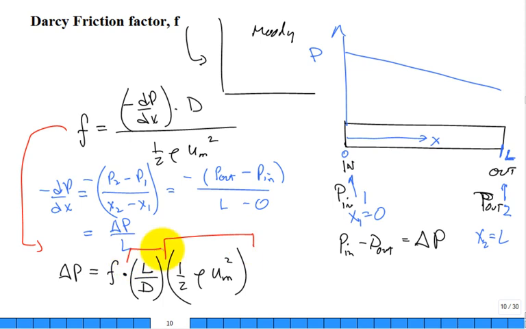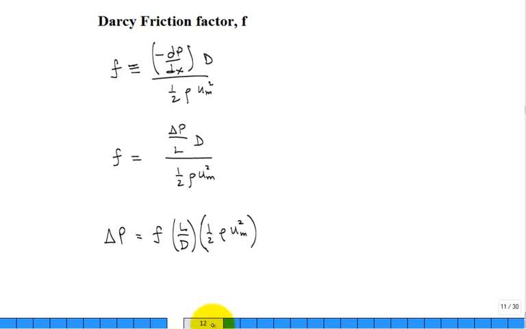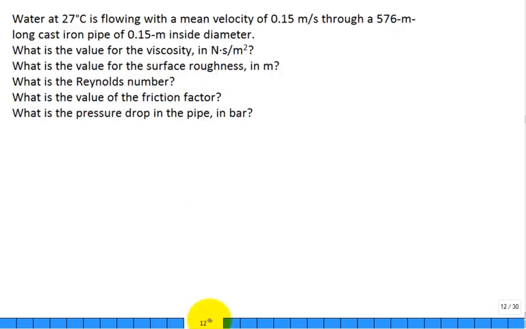What is this? It's how long it is compared to the diameter of the pipe. What is this? My friction factor. So this is the way I kind of remember a lot of this: the pressure loss is F L over D times 1/2 rho U squared. All right. That's what we just did.